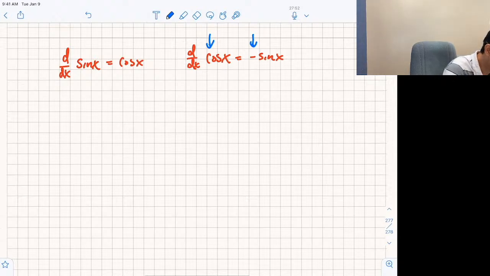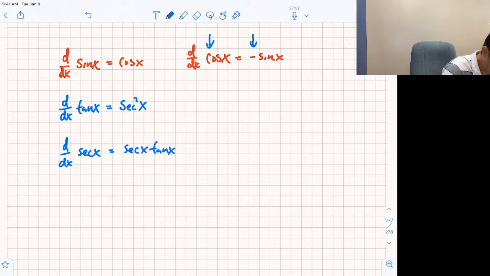And I'm gonna show you something that we're gonna learn today, the other two. So d/dx of tan of x is equal to secant squared of x, and d/dx of secant of x is equal to secant of x tan of x.